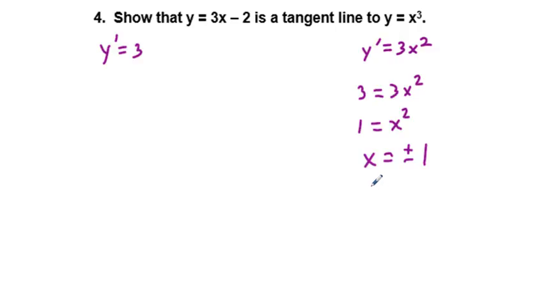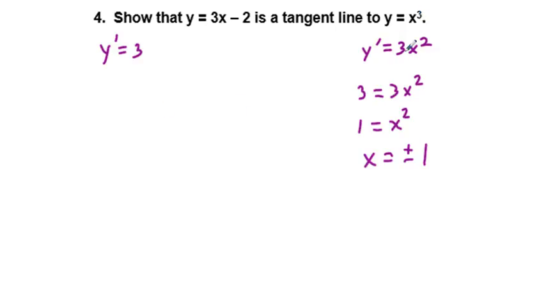I'm trying to show this is a tangent line. So if we plug into our original equation, we know that the slope is 3 where x equals 1 and negative 1.